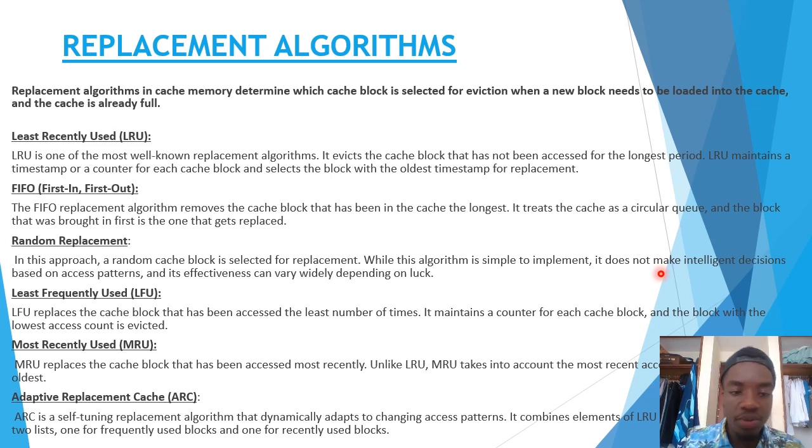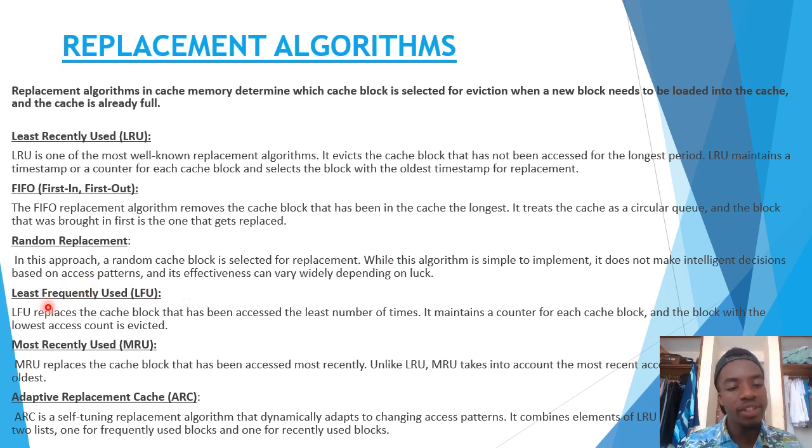It doesn't follow these access patterns, so it's not effective and efficient, because it makes a lot of errors. Depending on luck, you might get hits, but this one brings a lot of cache misses.